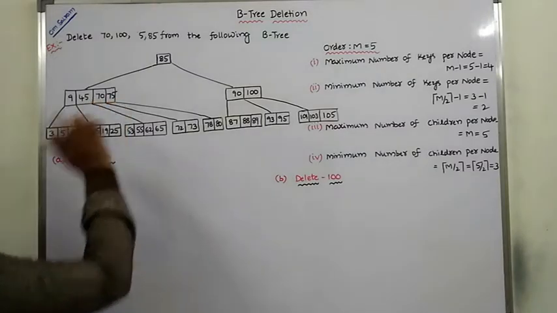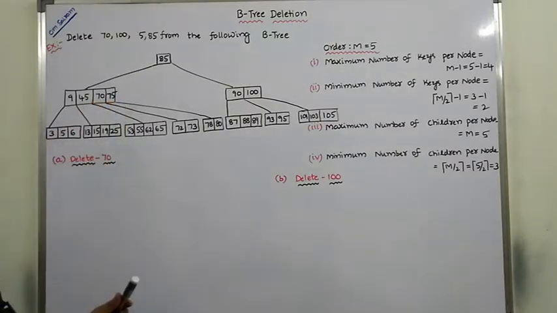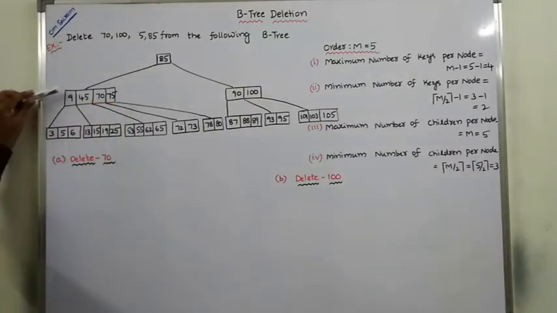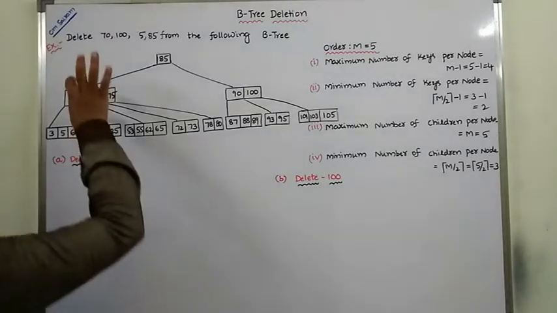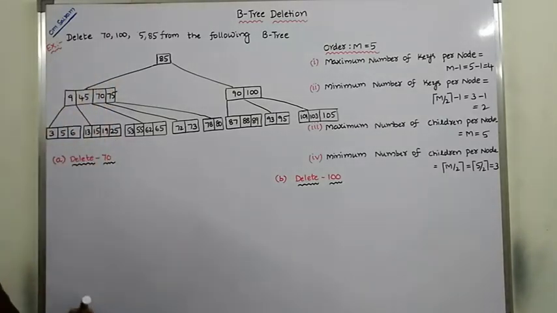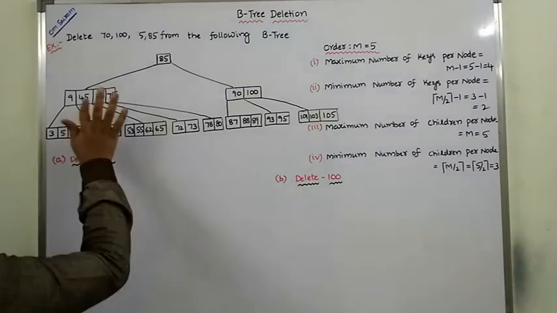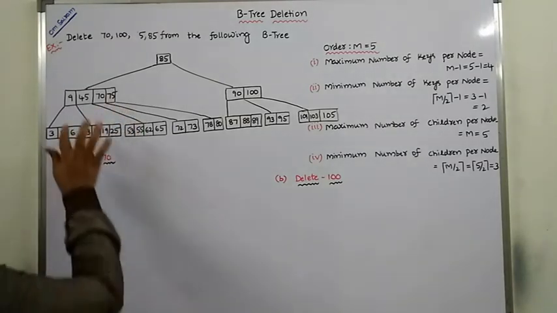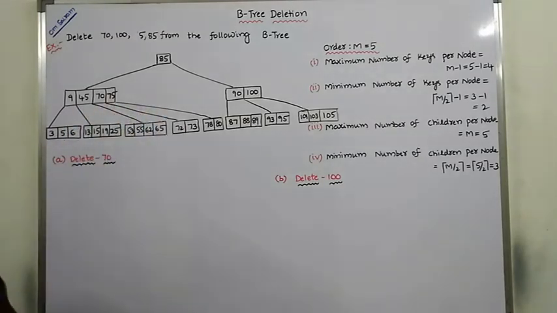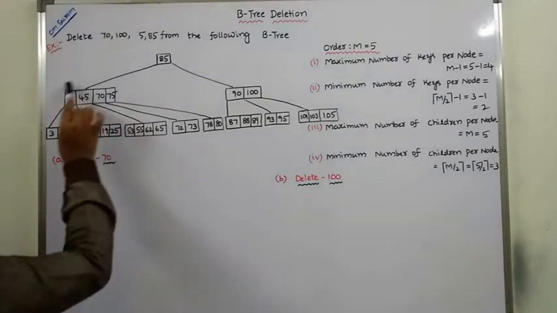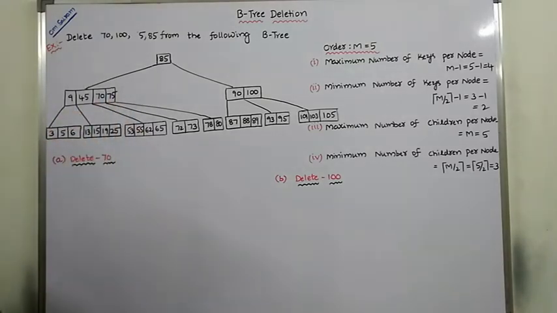Both match, so our target key element is found at this node. Now we have to determine whether this node is a leaf node or an internal node. This node is an internal node because it contains 5 children, so it can be treated as an internal node.